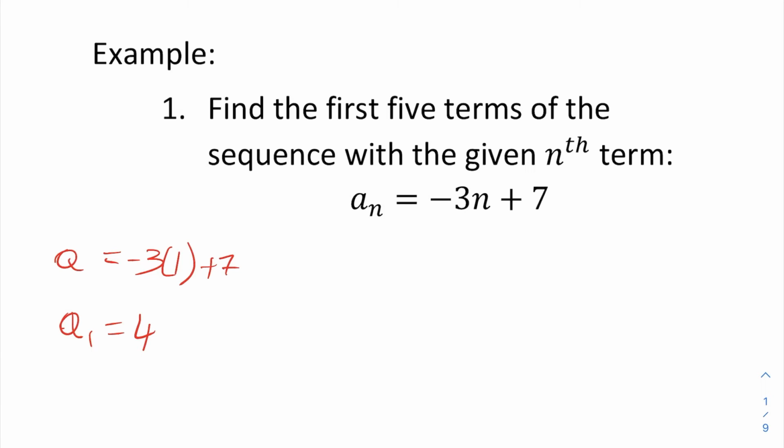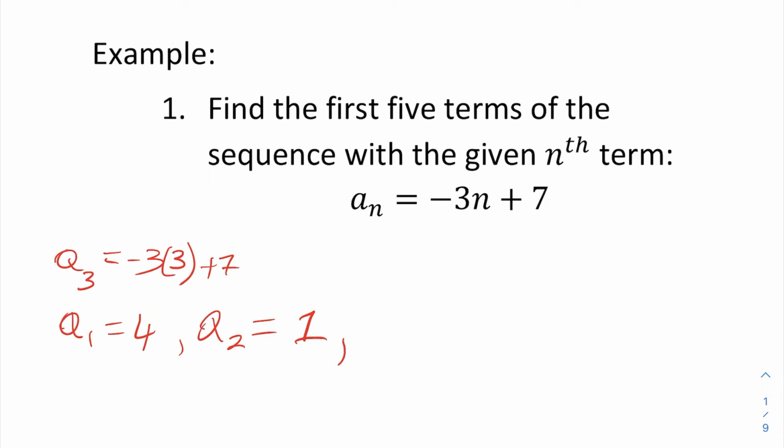A2, on the other hand, we just replace with a 2 here. A2 is -3 times 2, -6. -6 plus 7 is +1. A3, we just replace those with 3's.